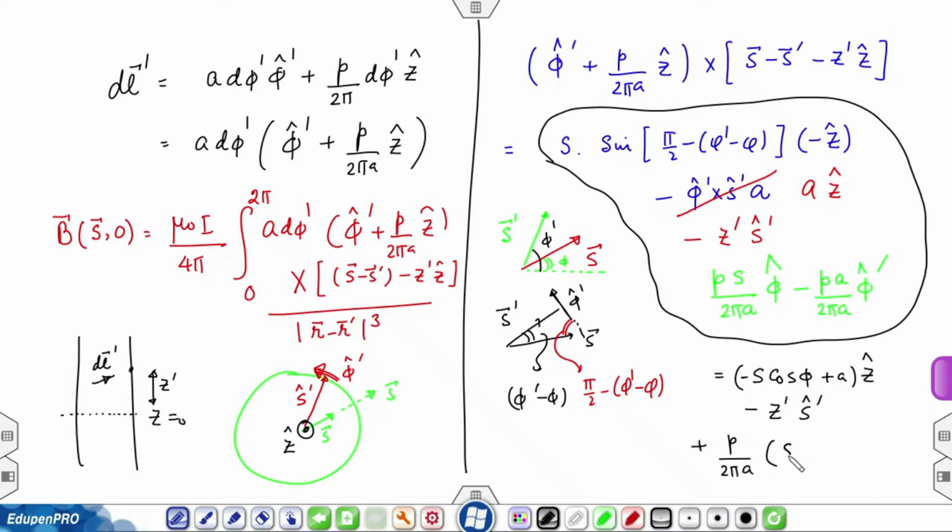Inside I am going to have s phi minus a phi prime vector. Now, I am ready to do the calculation.